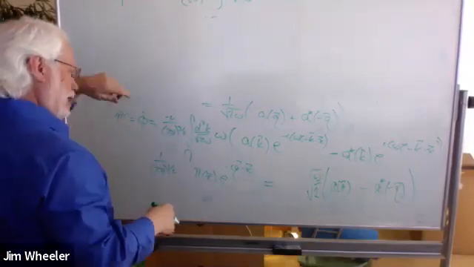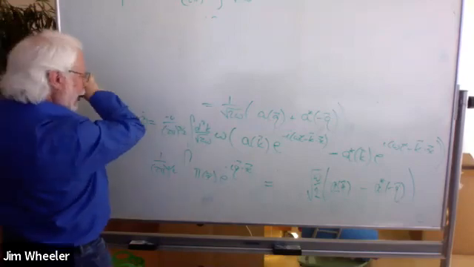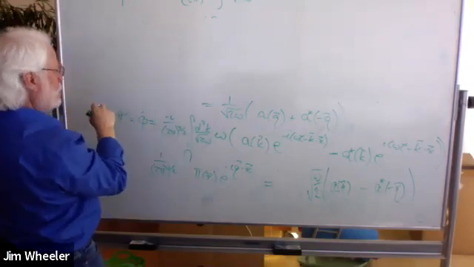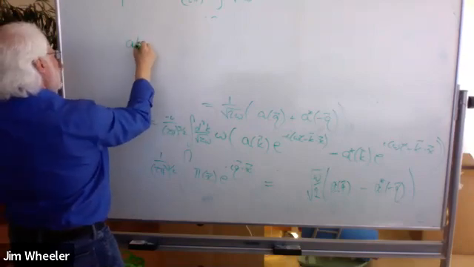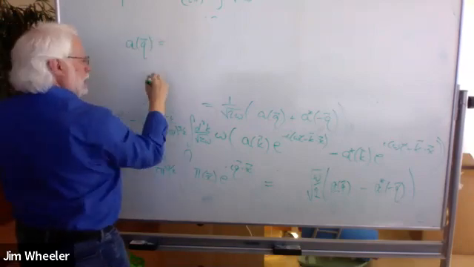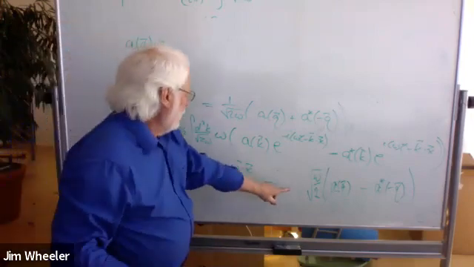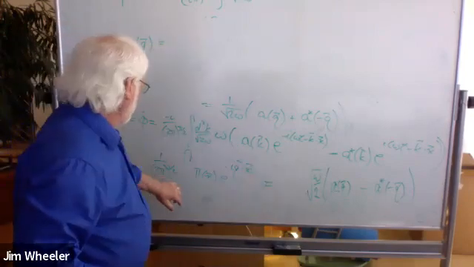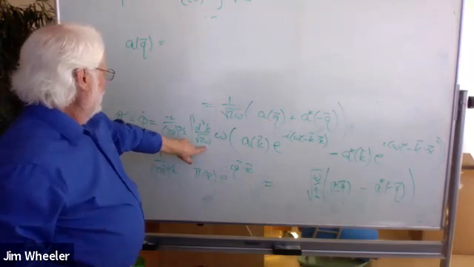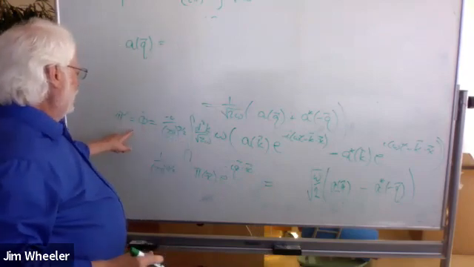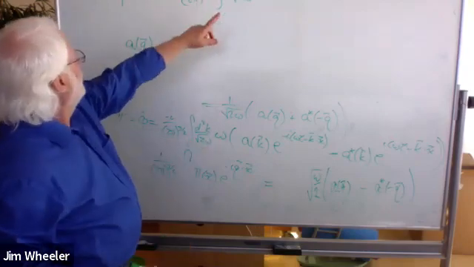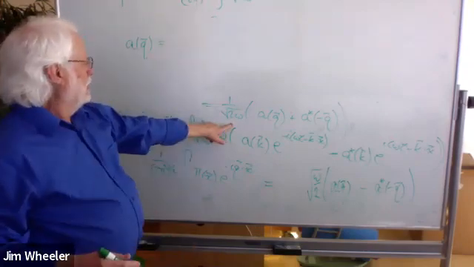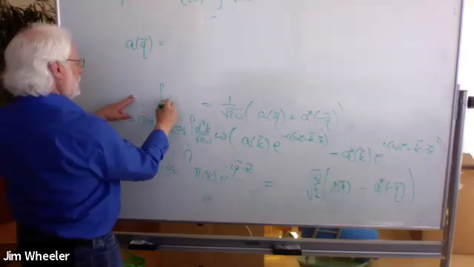Right, so if I add, now let's see, I want to write A of q, and if I multiply root 2 over omega here and root 2 omega here, this is the transform of phi.